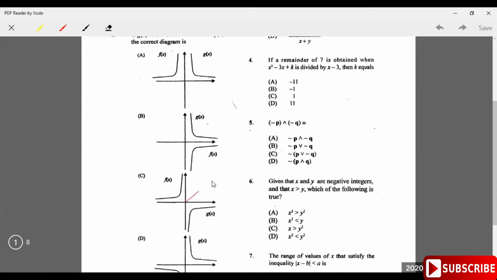So you just need to draw the line y equals x, and whichever one gives you the reflection, that is the inverse. So this is the line y equals x, and over here, this side is a reflection of this side. And so this is the inverse. So that's C. Question 2 is C.